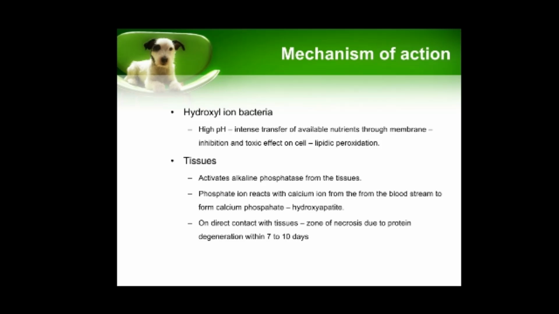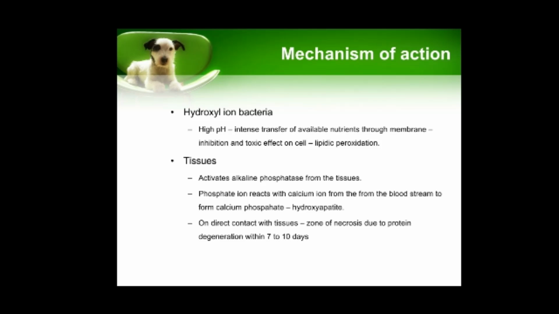The mechanism of action is through hydroxyl ions on bacteria. The calcium hydroxide, due to its high pH, will have an intense transfer of available nutrients through the membrane. So it will have an inhibition and toxic effect on the cell, which causes lipid peroxidation and lysis of the cell. On the tissues, it will activate the alkaline phosphatase from the tissues.